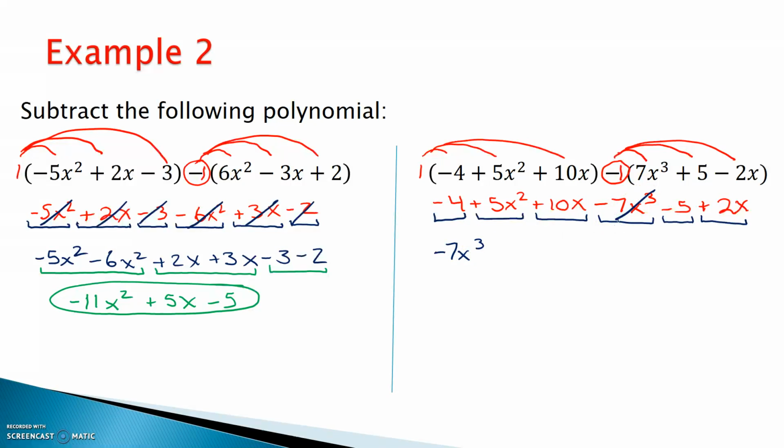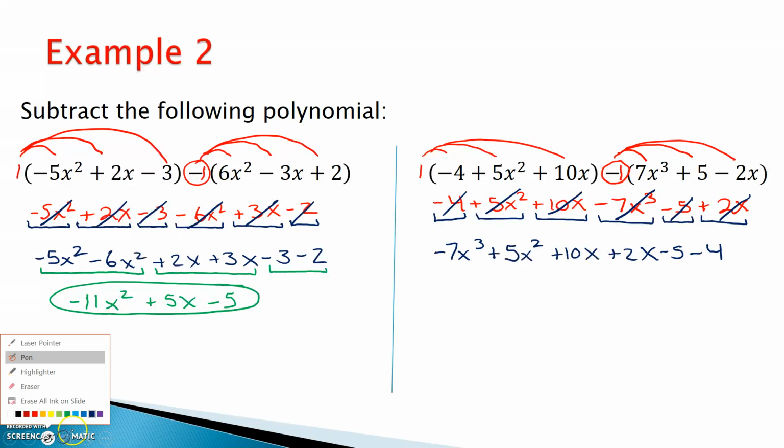What's the next biggest one? I see an x squared plus 5x squared. All right, notice I'm going from 3's to 2's to, well, the ones that just have x's. So I'm going to start off with the positive 10x, the positive 2x. Now, lastly, my constants here. And again, it doesn't matter which one I throw first. Negative 5. Let's go with that one. And negative 4.